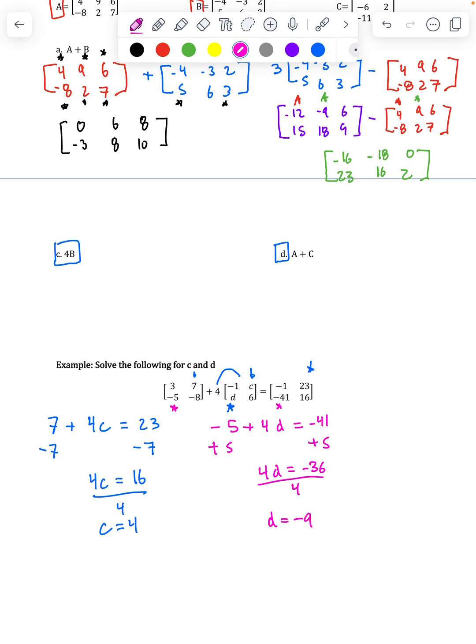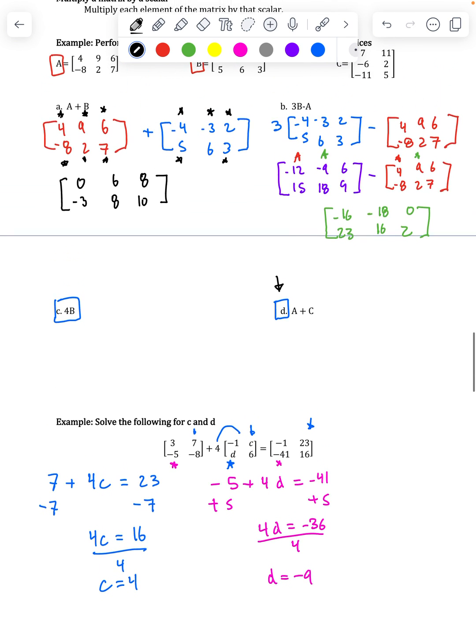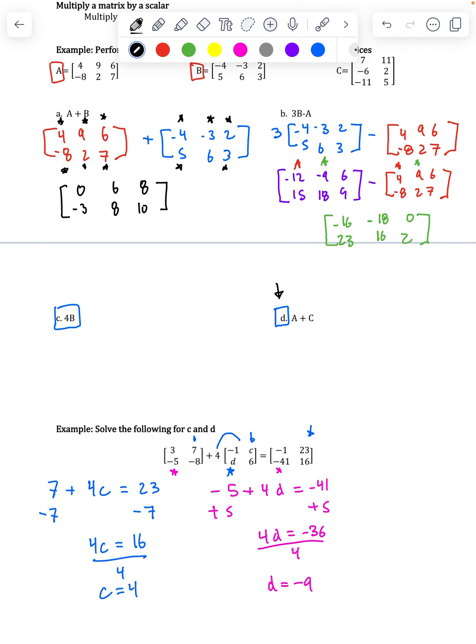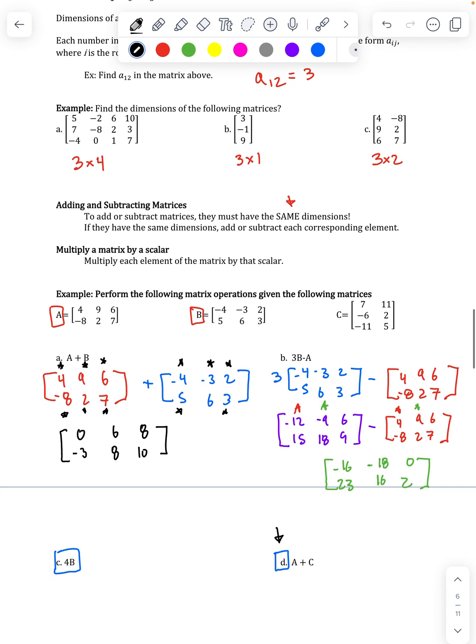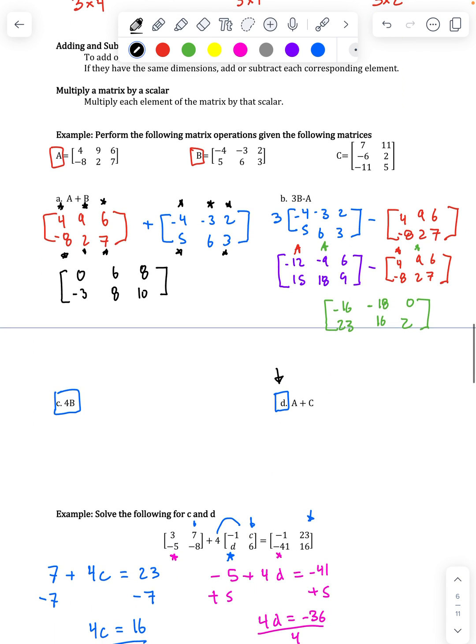Oh, wait. Pause for just a second. I do want to come back to this part right here. So, earlier, we had said they had to be exactly the same dimensions.